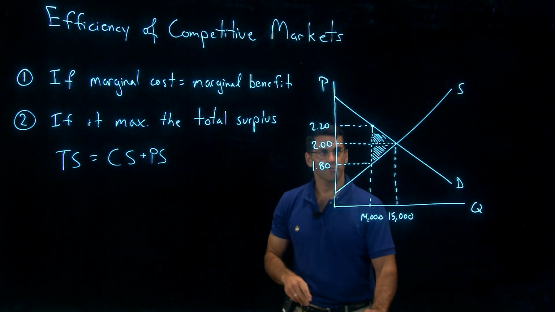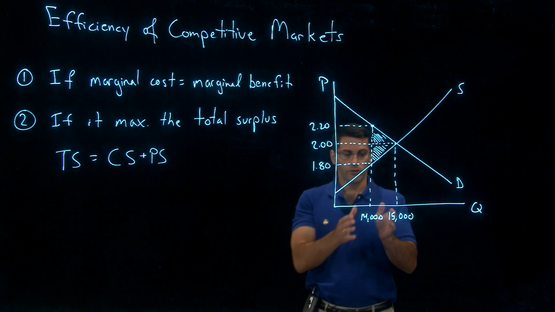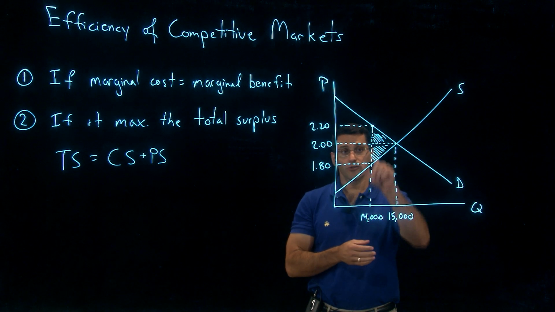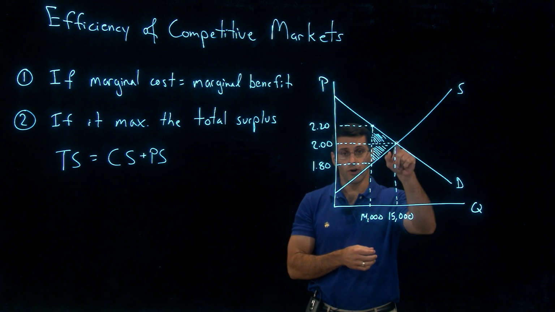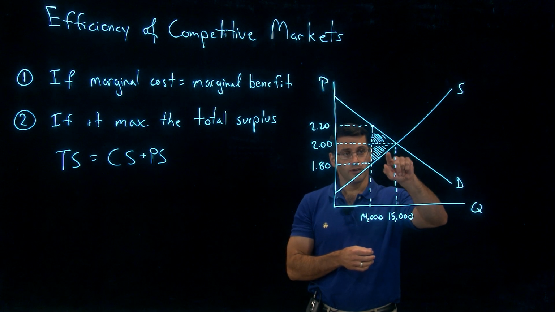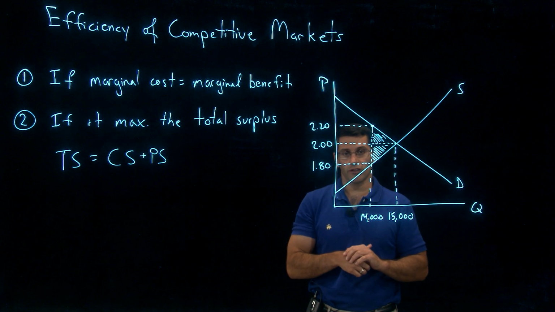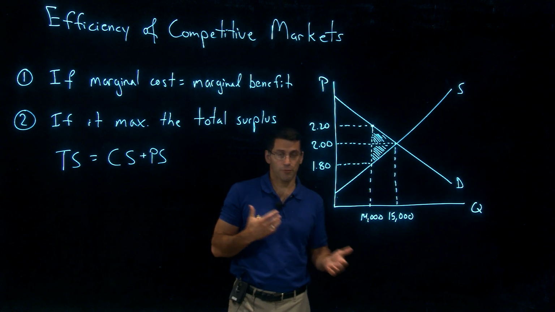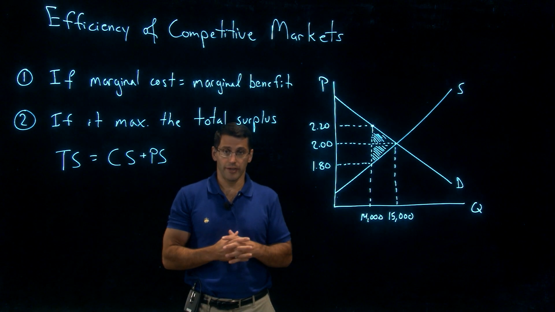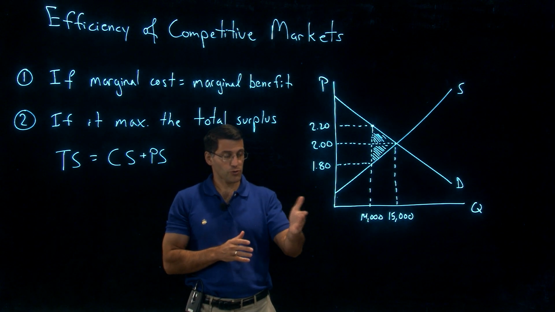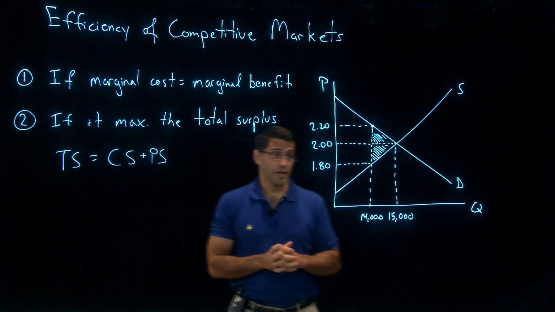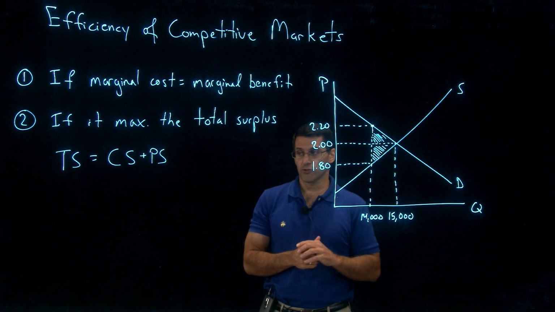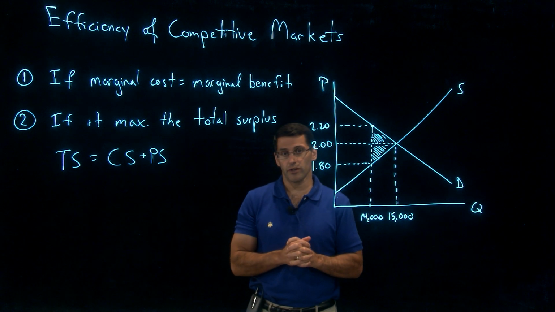Why is that? Well, if you look, for these 1,000 lattes between 14,000 and 15,000, consumers are willing to pay more than the cost of producing those chai lattes. So it would be beneficial for the consumers and the producers to get together and make those exchanges. Stopping short of 15,000 means that we're giving up additional consumer and producer surplus that we could generate in this market.